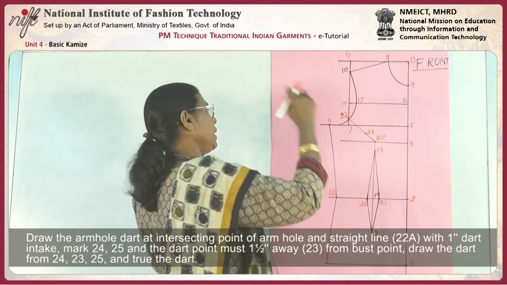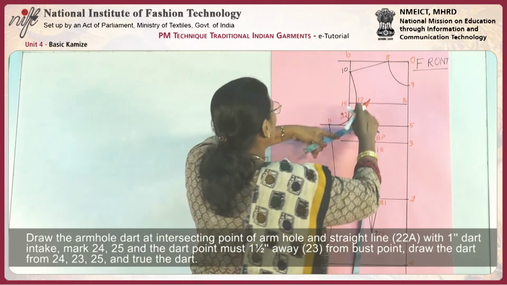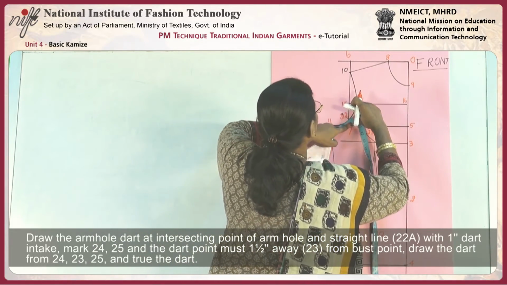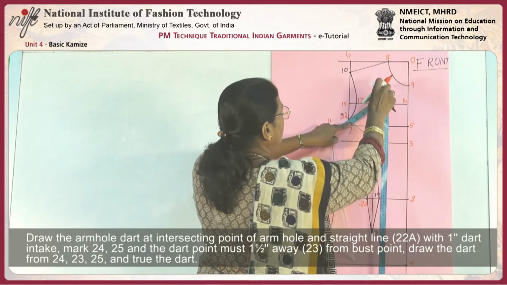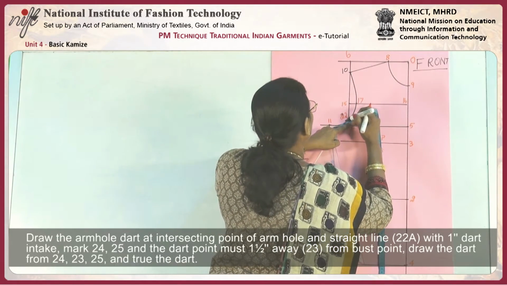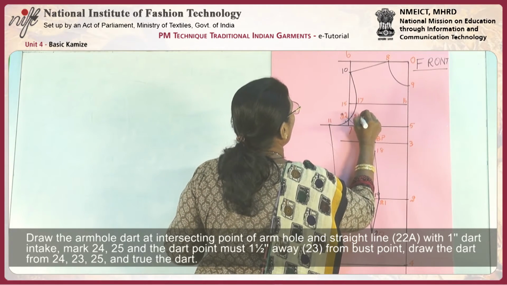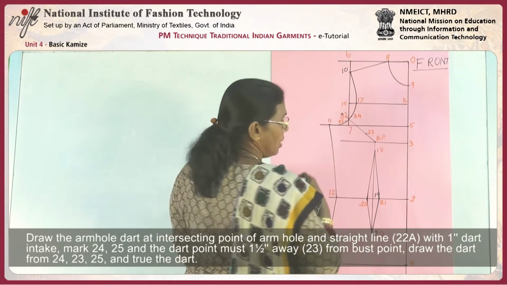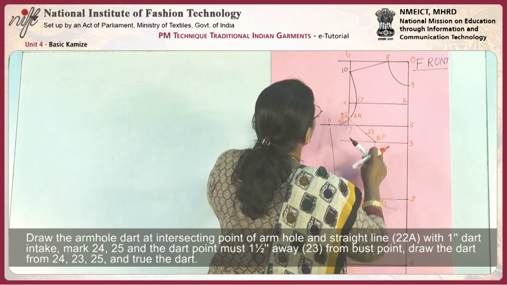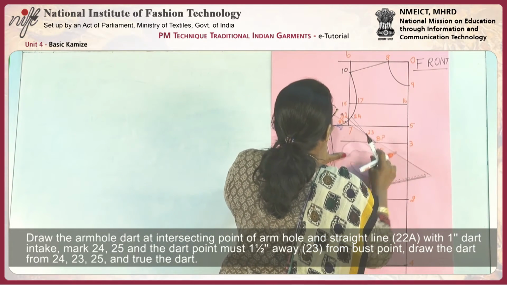And the dart intake is 1 inch. Mark half an inch on both sides. That is 24 and 25, and draw the dart from 24 to 23 and 25 to 23.